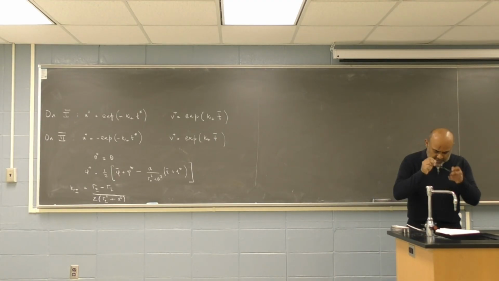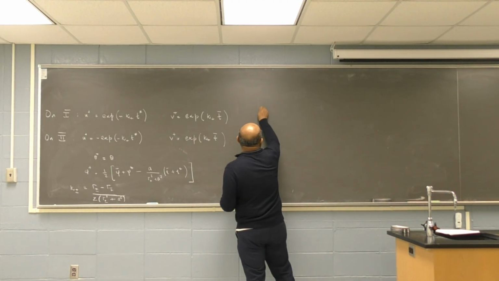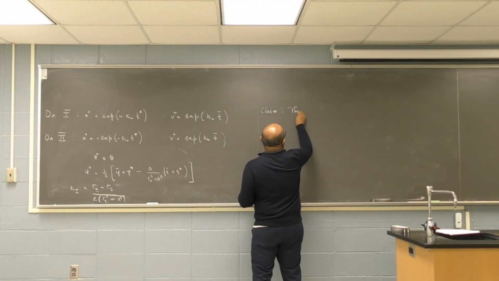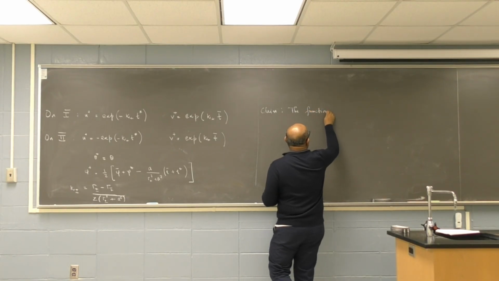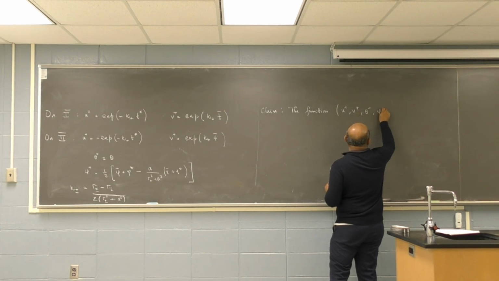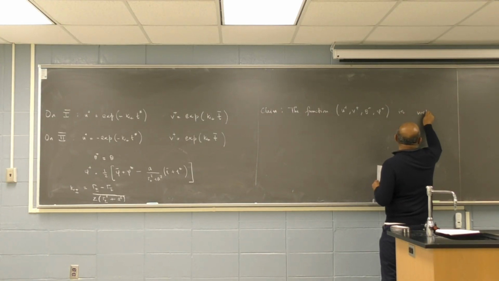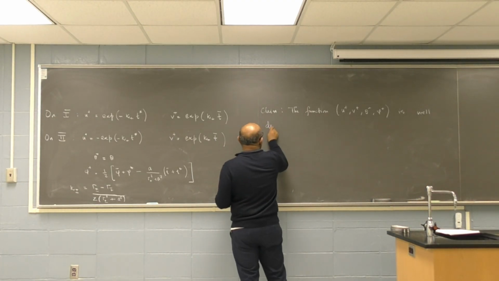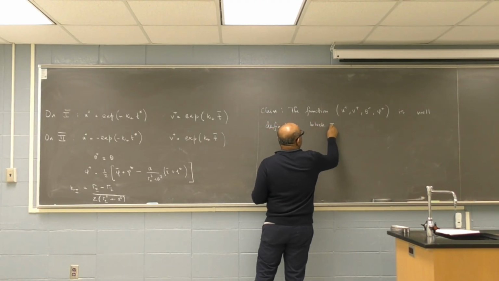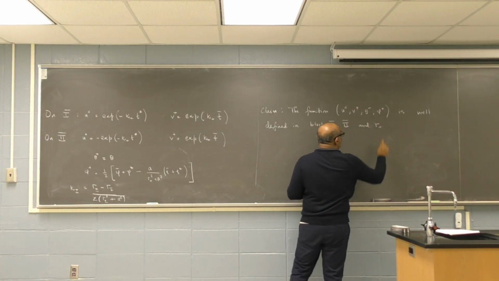So first of all, what I want to do is claim, rather, the functions u plus, v plus, theta plus, phi plus are, I guess, collectively well defined in blocks 1 bar, 2 bar, and R plus.